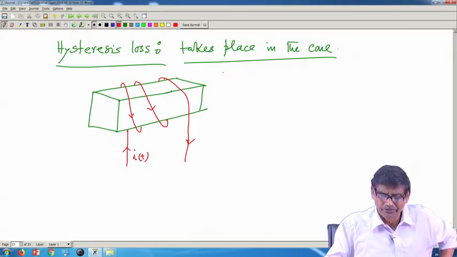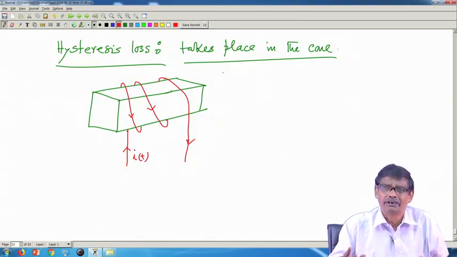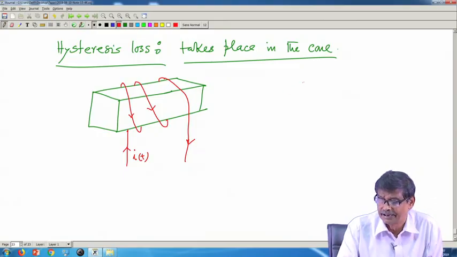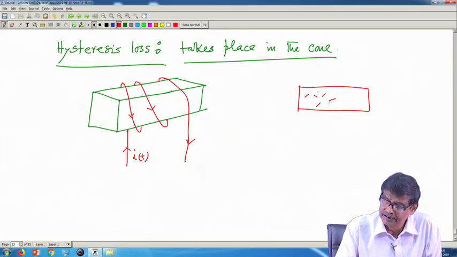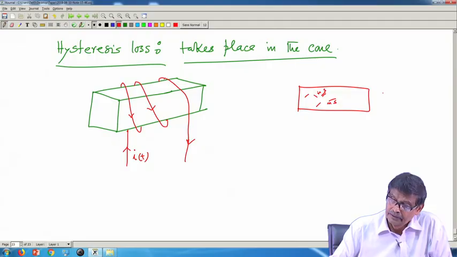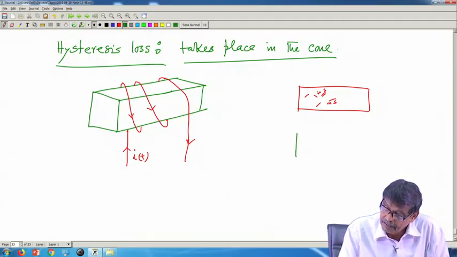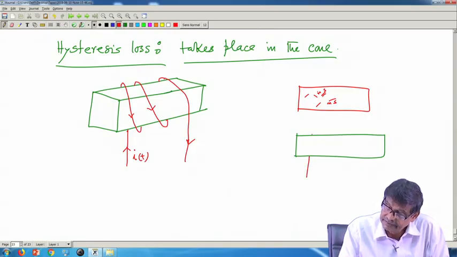It is because of the fact, we will not go to the quantum level, but we can understand there are tiny magnets at the molecular level, small magnets in any ferromagnetic material like this, north south, already existing in a ferromagnetic material. So, what you are doing, the moment you apply some current, I will draw a sectional diagram.